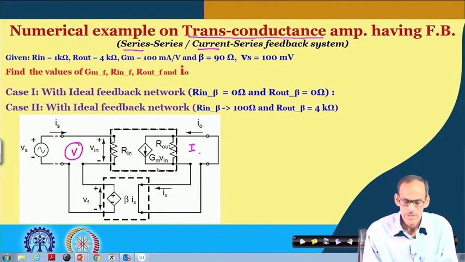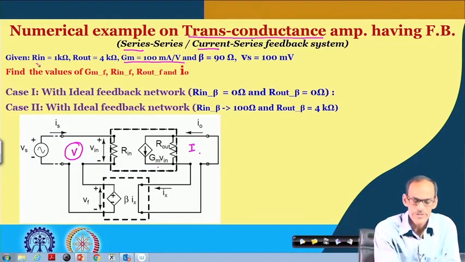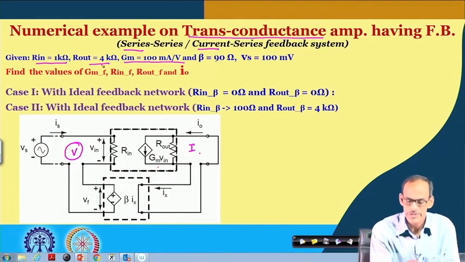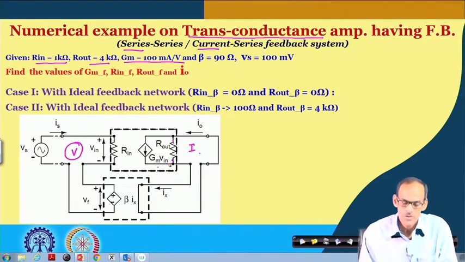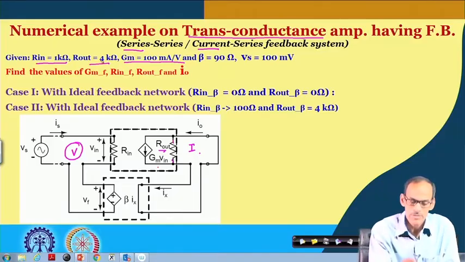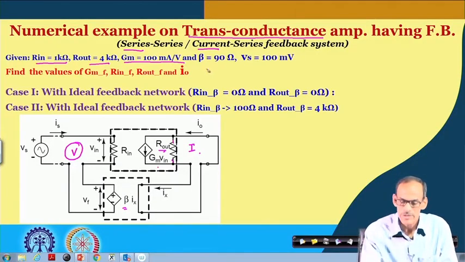Here again the gain of this circuit is GM, given to us, which is 100 milliampere per volt. Input resistance remains 1 k, and output resistance is 4 k, of course in the form of conductance. Beta, on the other hand, is 90 ohms.